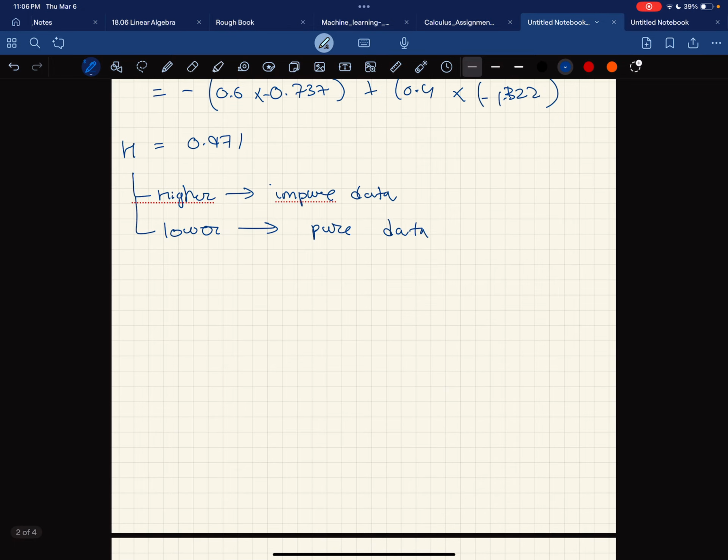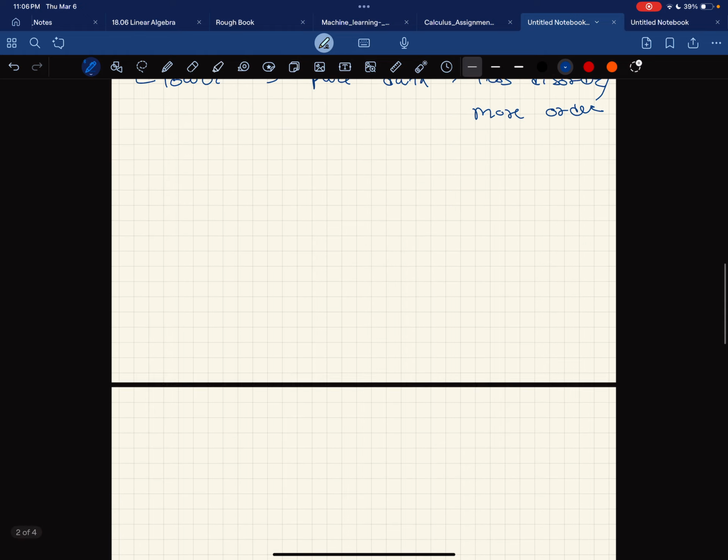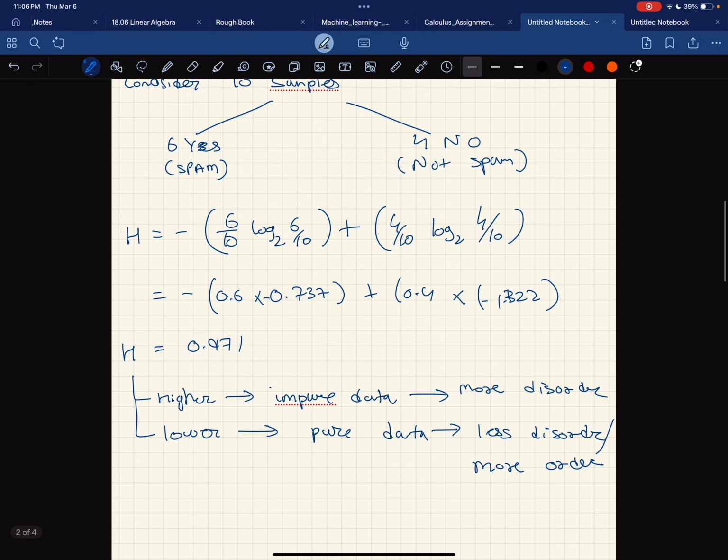What do you mean by impure data? Impure data means there is more disorder, and pure data means there is less disorder or more order. That's the basic of entropy.